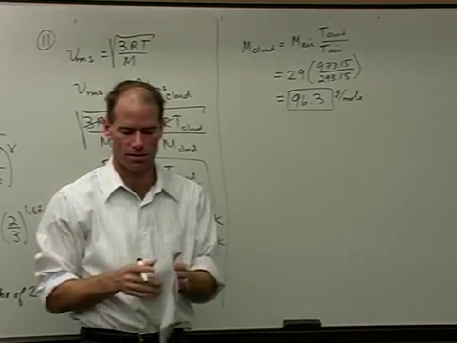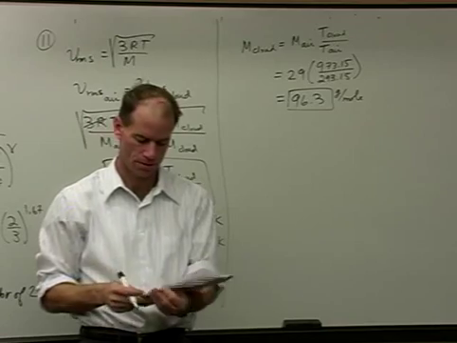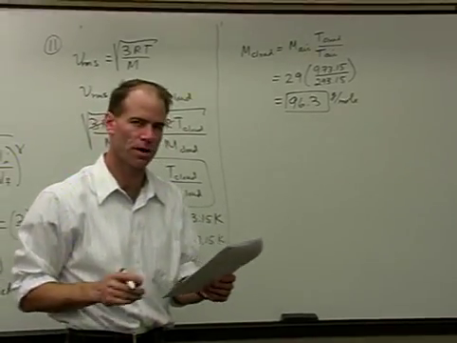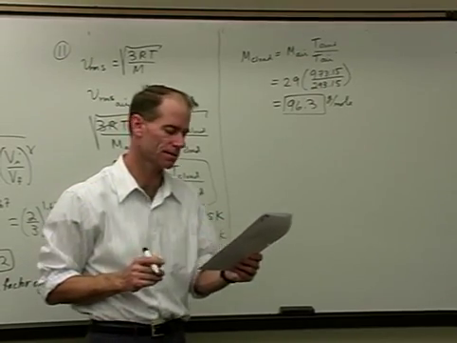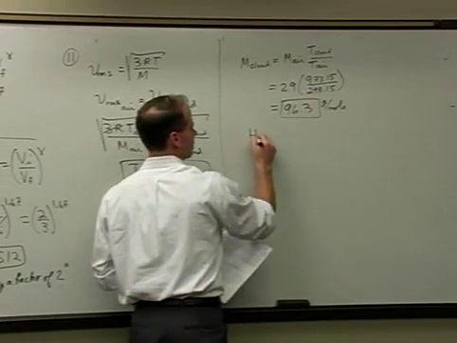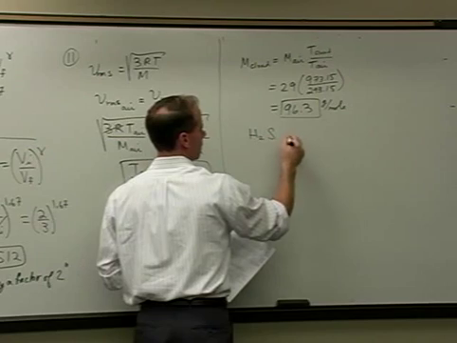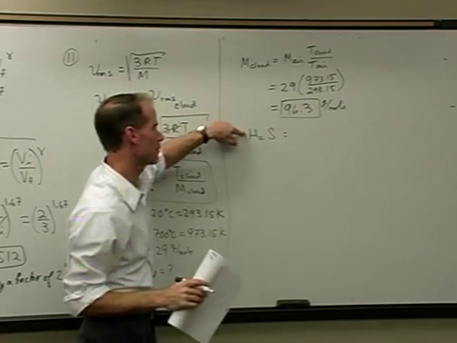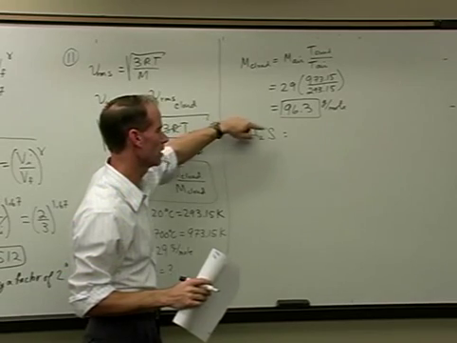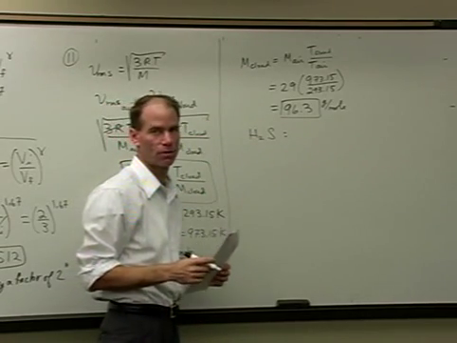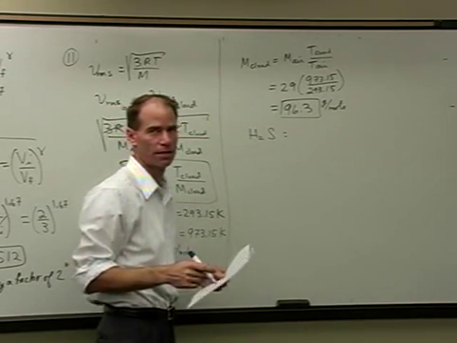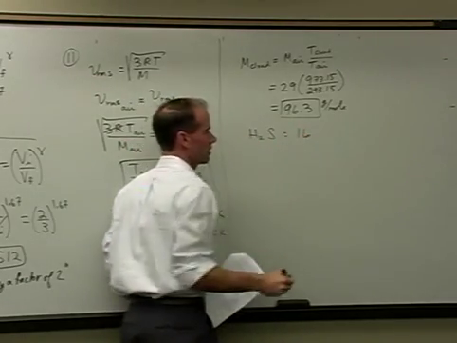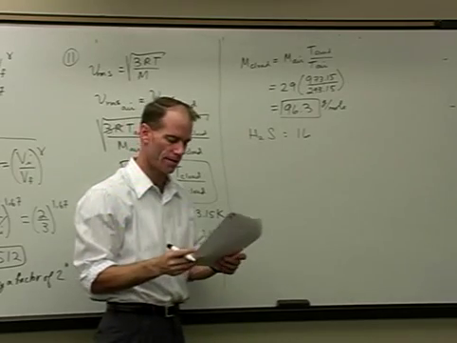Now we look at our options for the components of volcanic gases. We have hydrogen sulfide, and H of course has an atomic weight of 1, so we got 1 plus 1, and sulfur has an atomic weight of 14. So this will give us a molecular weight of 16 for that.